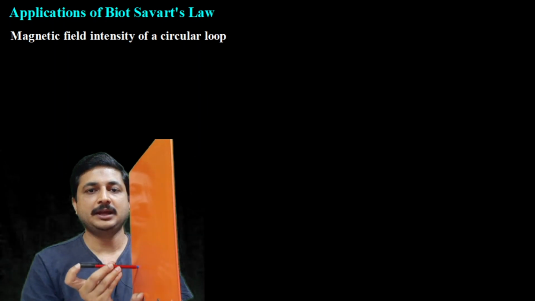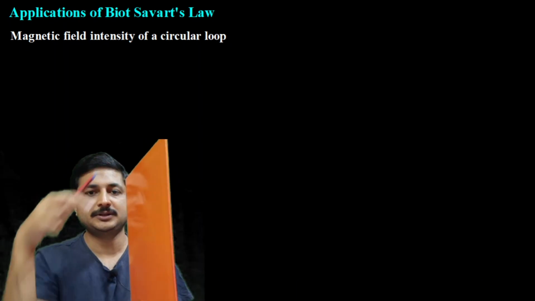So I have to find the magnetic field intensity somewhere this side, here at the top of the pen, somewhere here. This is where my point is. Now a very important thing to understand here is, this is lying in a different plane and we should not forget Biot-Savart's law.